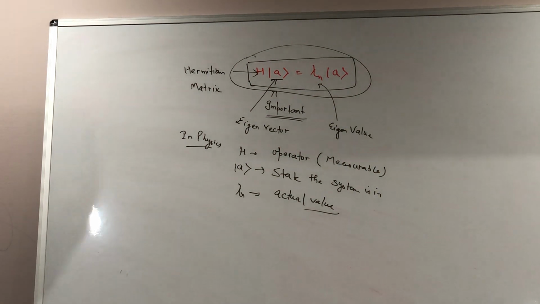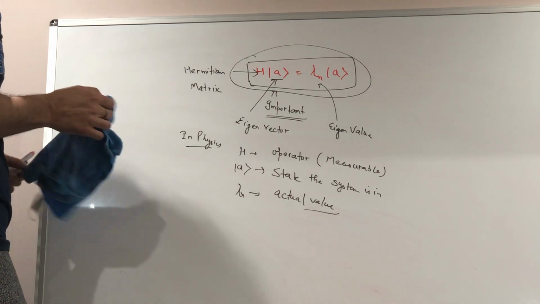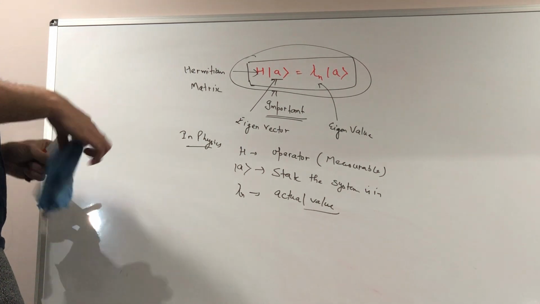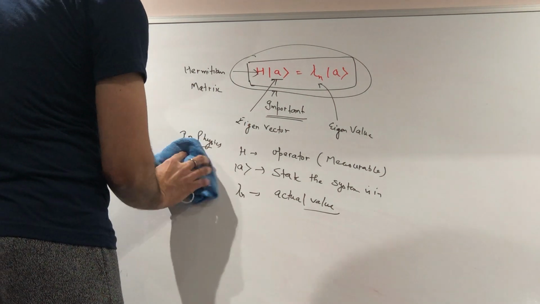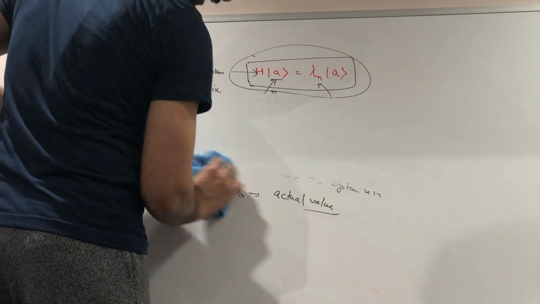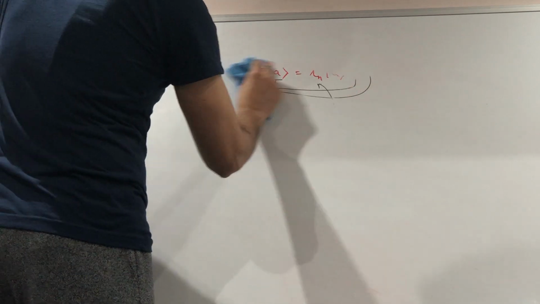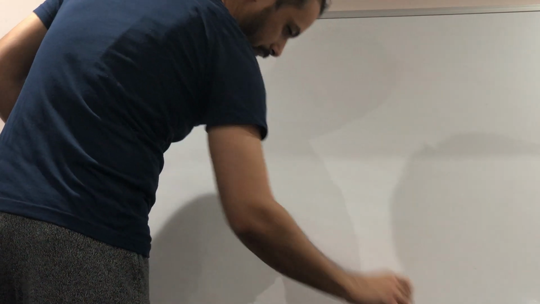Here I'll take an example. I am using unpolarized light and passing it through a polarizer. We'll explain that the results obtained experimentally can be demonstrated using the Dirac ket notations. I have unpolarized light.